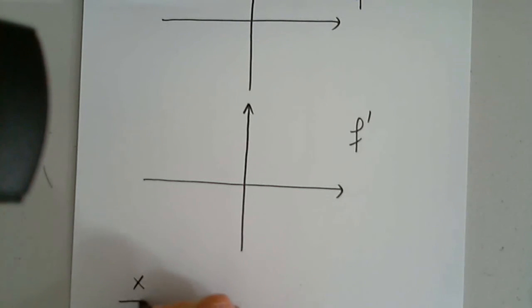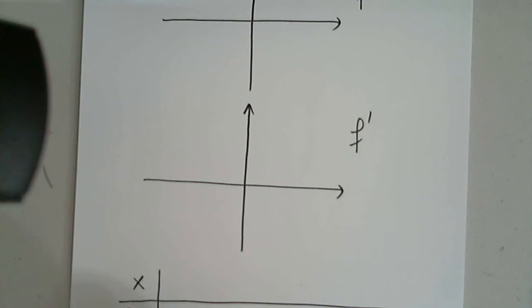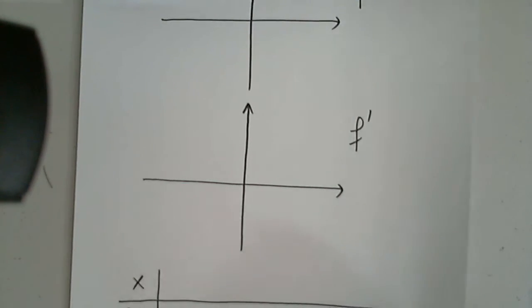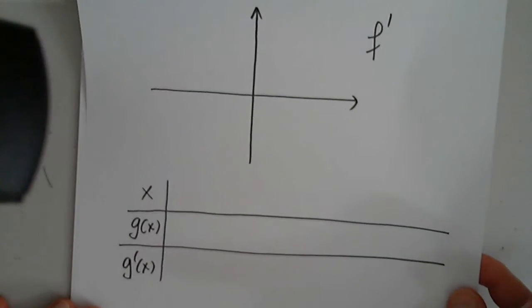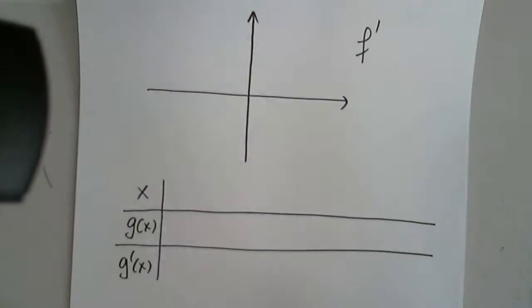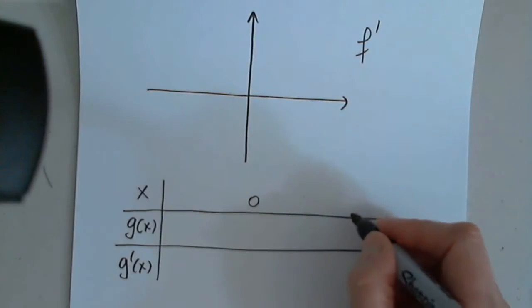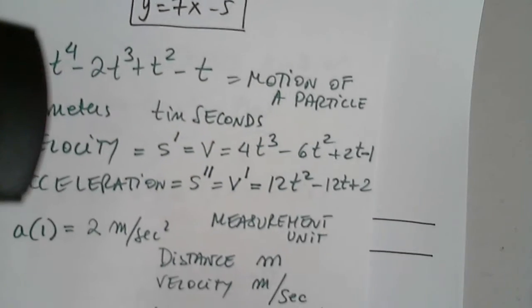So I have x, I have g of x, and I have g prime. Okay, where is my function? So I have 0 and 2 are the key, 0 and 2.